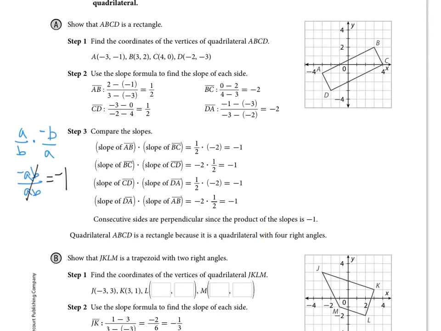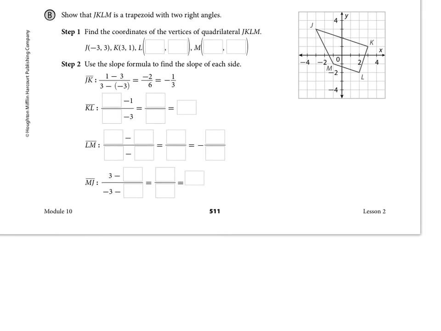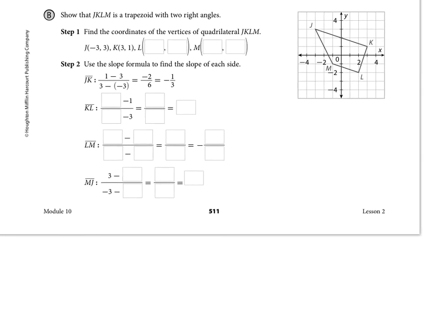In part B, we're supposed to confirm that JKLM is a trapezoid with 2 right angles. Instead of confirming 4, we need to confirm 2. So here we are in part B. Again, we're going to write down the coordinates. So the first thing we want to do is fill in L. L is the point 2, -2, and M is the point -1, -1.